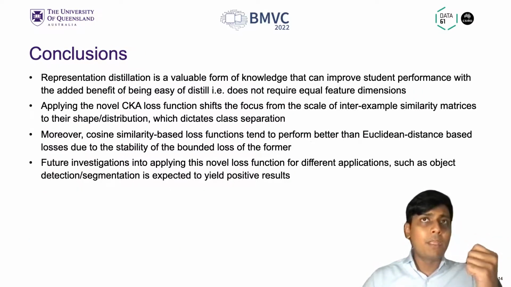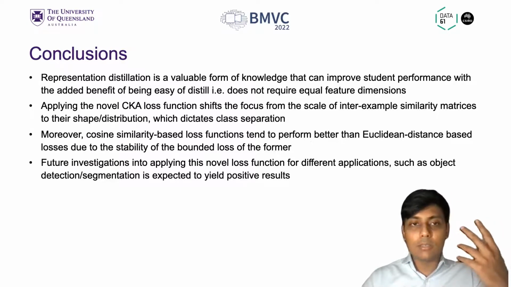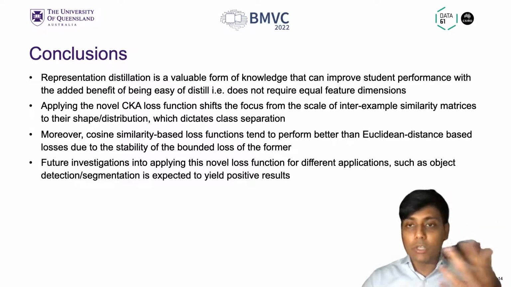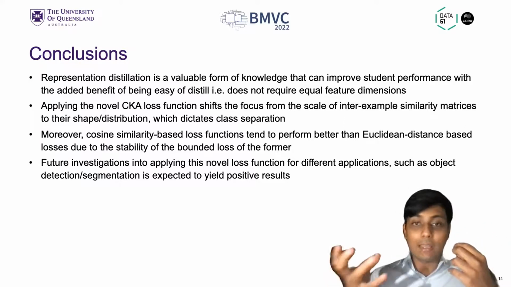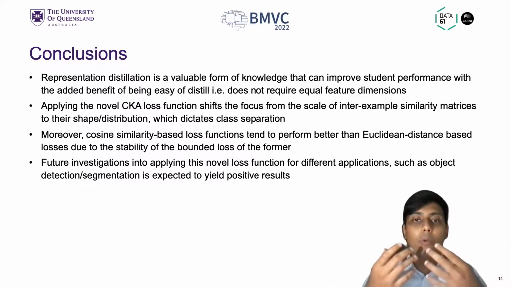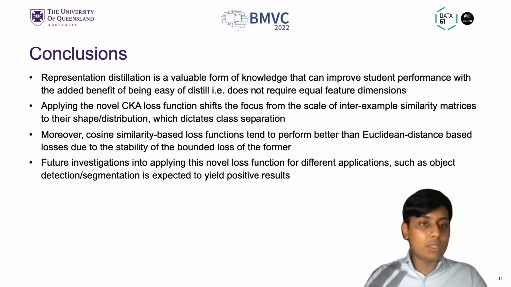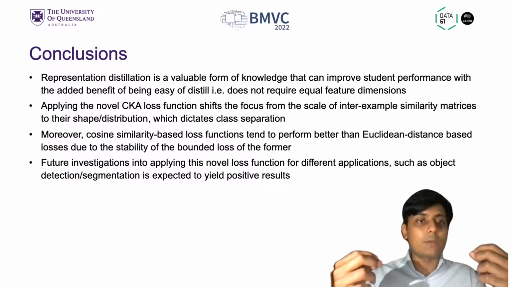So in conclusion, representation distillation is clearly a valuable form of knowledge that can improve student performance, with the benefit of being quite easy to distill, given that we don't have to have equal feature dimensions like we do for feature-based distillation.